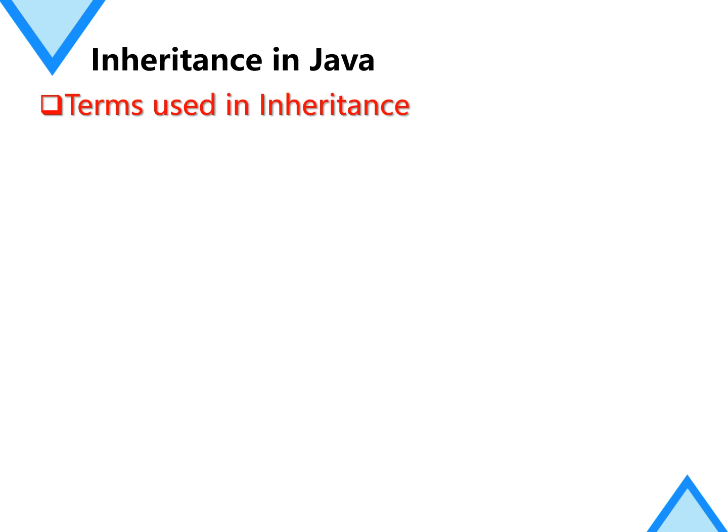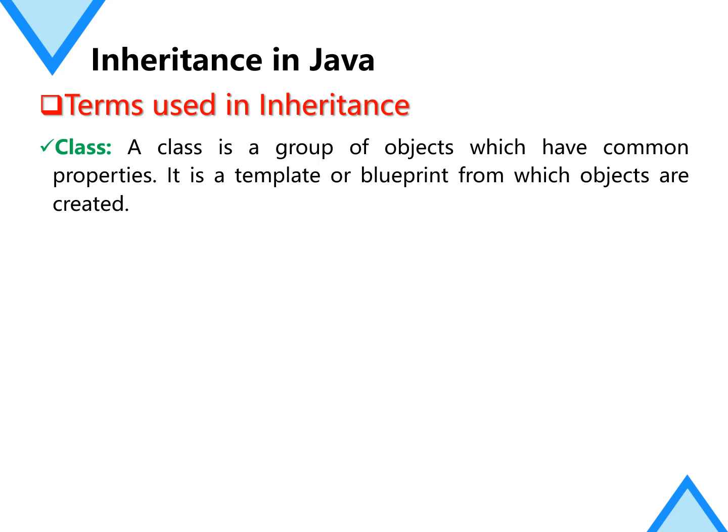There is some terminology of inheritance. Now we are going to discuss some of the terms used in inheritance, like class. You are already familiar with this term. A class is a group of objects which have common properties. It is a template or blueprint from which objects are created. Class is just a template, and a class may have a single object or multiple objects.